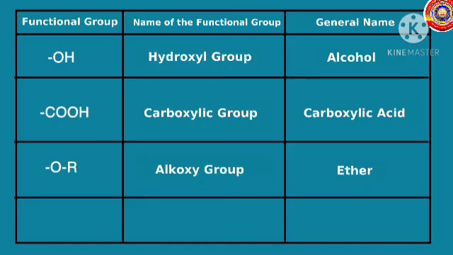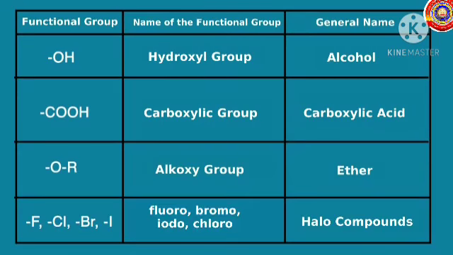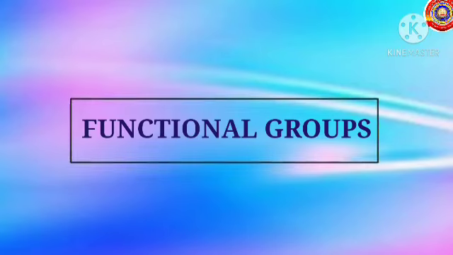Ethers are the general name given for the compounds with the functional group OR. And if fluorine, chlorine, bromine, or iodine comes as the functional group, such compounds are generally known as halo compounds. Okay?